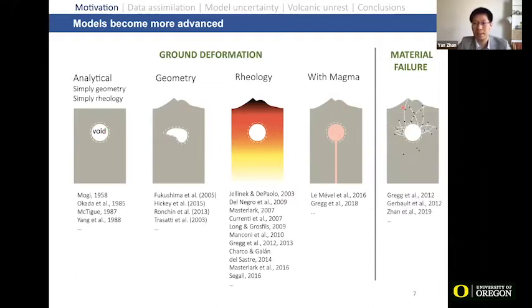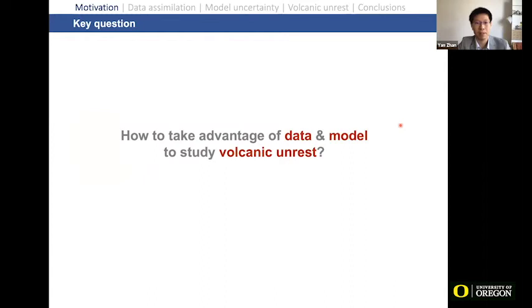To study the material failure process, we can calculate the stress with some failure criteria to indicate the failure process. So the key question of my PhD work is to understand how we can take advantage of both data and a model to study volcanic unrest.